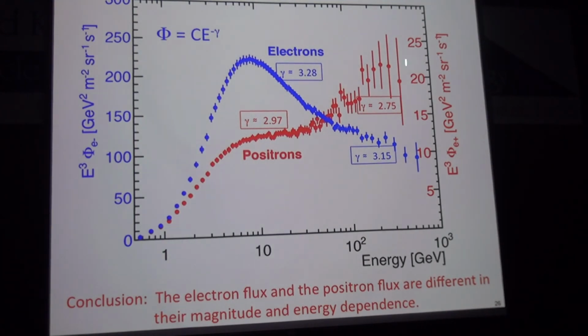These are just statistical fluctuations because, as you see, the number of events is about 10 times different. The scale here is 300 and the scale here is 30. So for the electrons, we have 10 times more than positrons. That's the anisotropy.